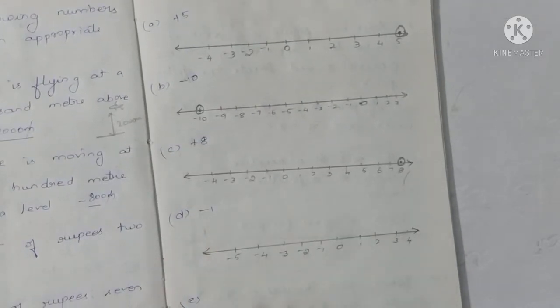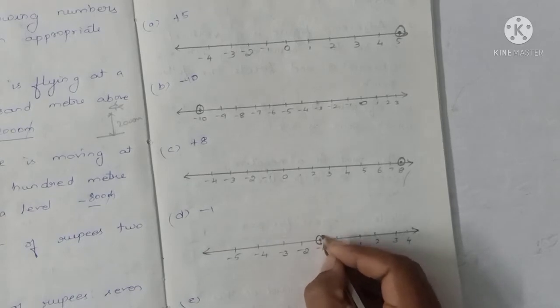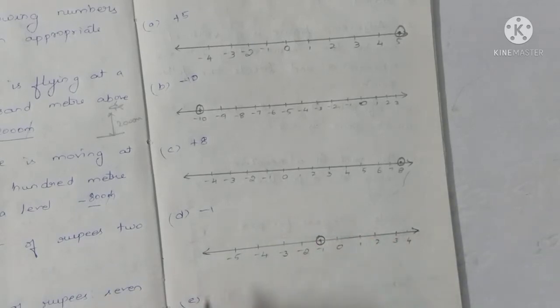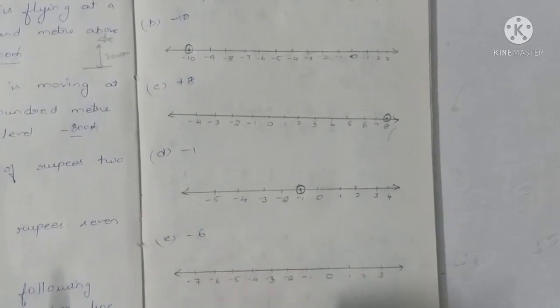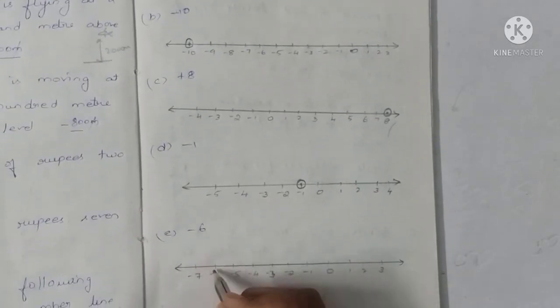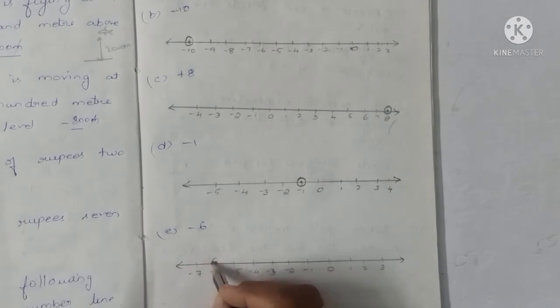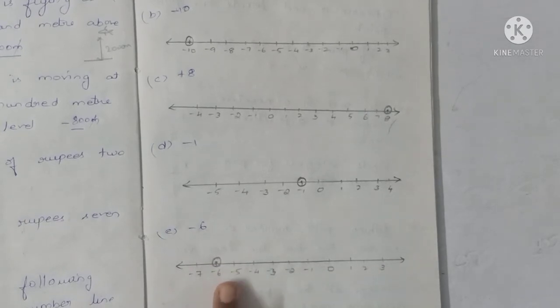So where is minus 1? Minus 1 is here. The next subdivision E, minus 6. So where is minus 6? Minus 6 is here. So thus we represented the numbers on the number line.